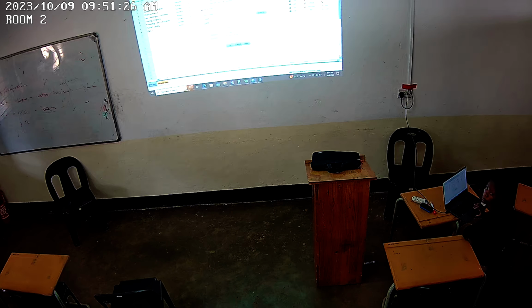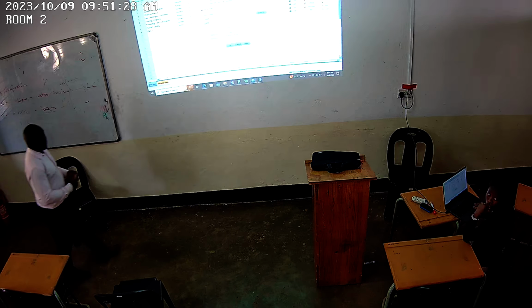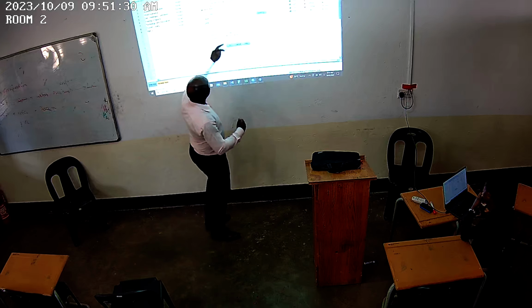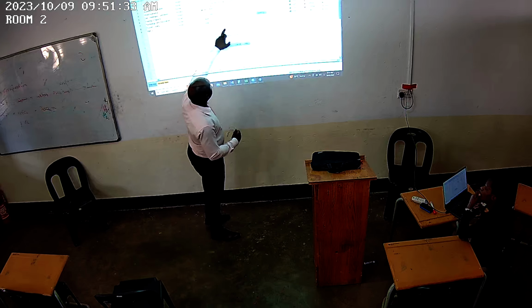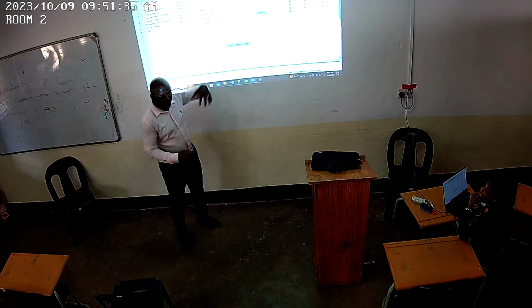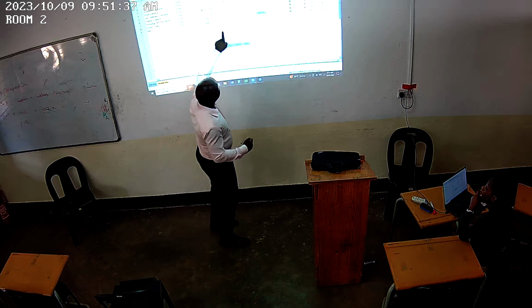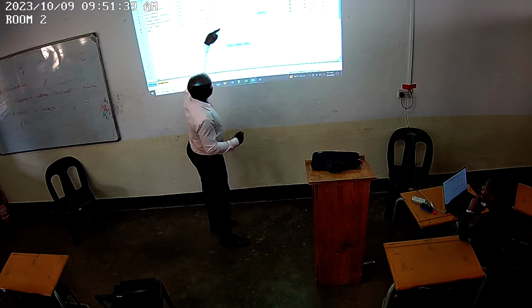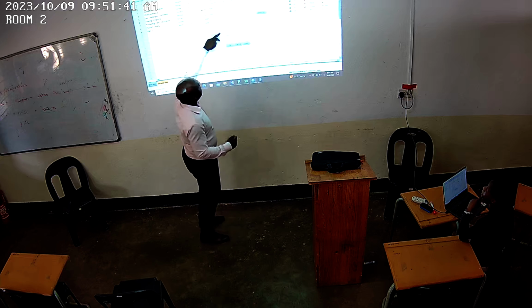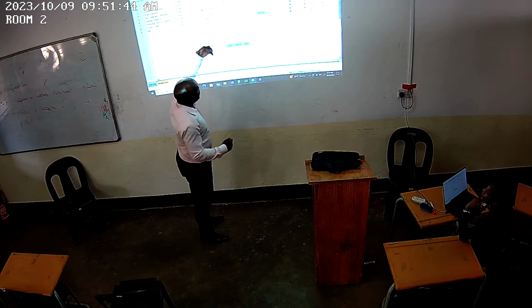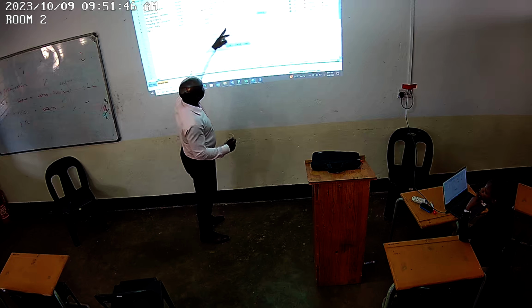So, according to the codes, 2 was representing 6 to 10 years of experience. That's why the mean is 2.4. The majority of people have worked between 6 and 10 years.